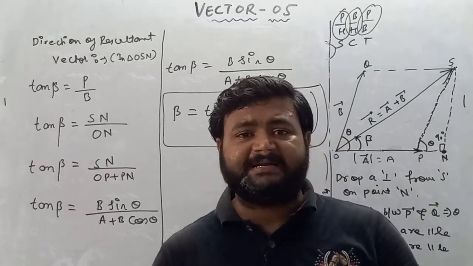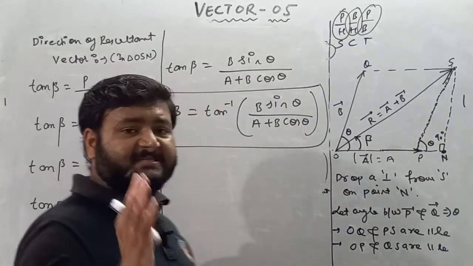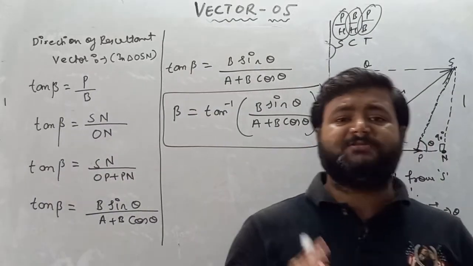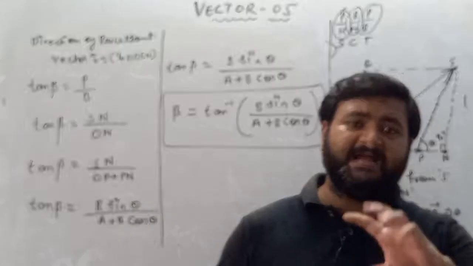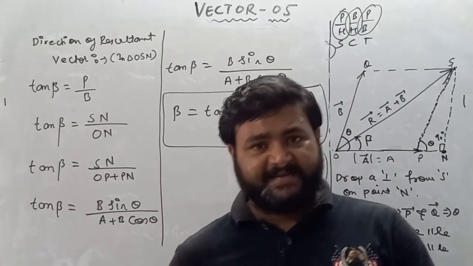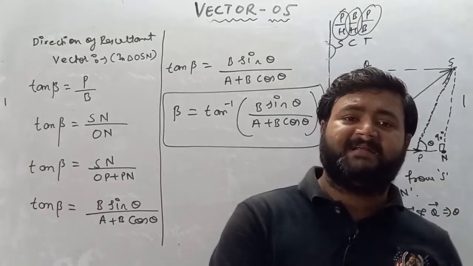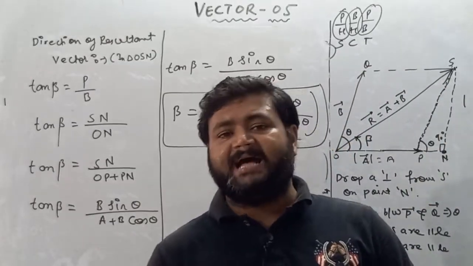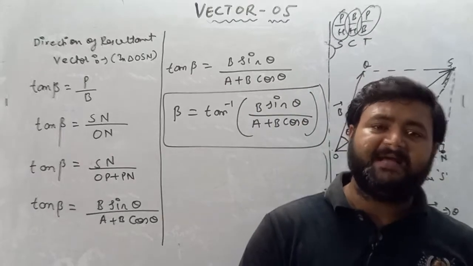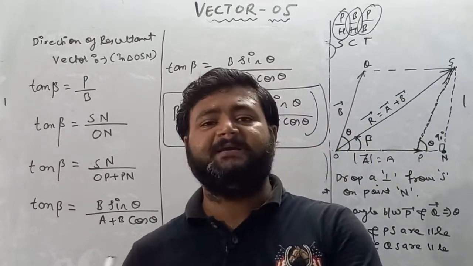In triangle law of vector addition, we'll get resultant vector as under root A square plus B square plus 2AB cos theta. Here A and B are the magnitude of first vector and magnitude of second vector. Theta is the angle between first vector and second vector, and the direction, tan beta, is equal to B sin theta upon A plus B cos theta.